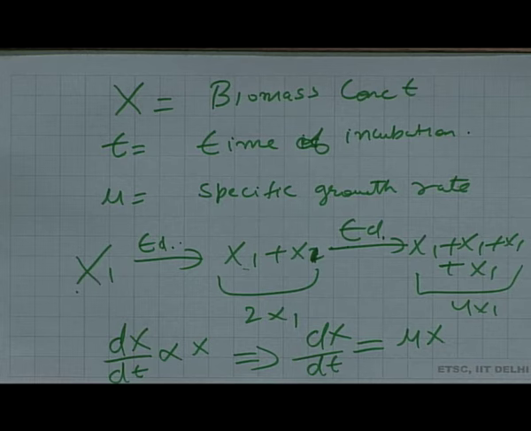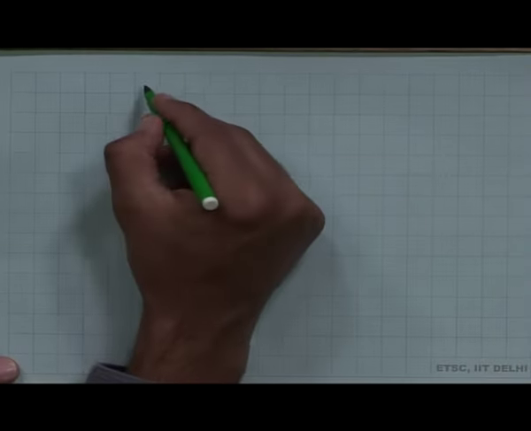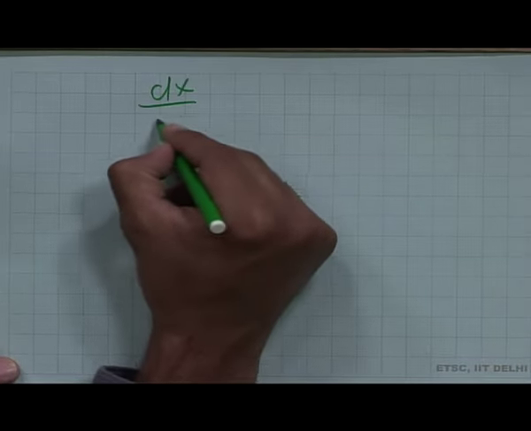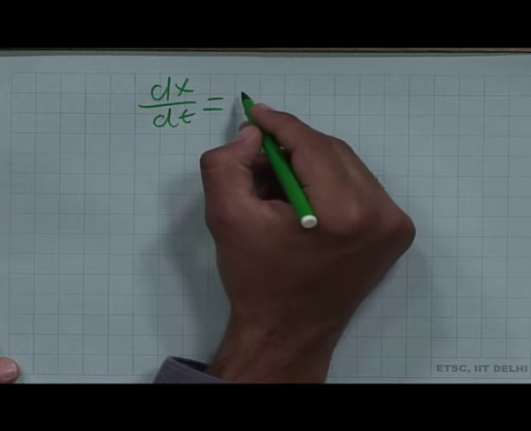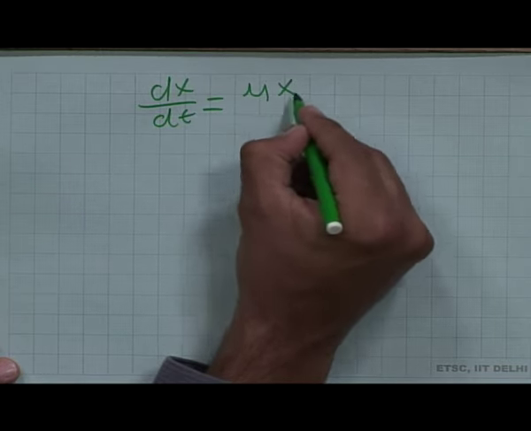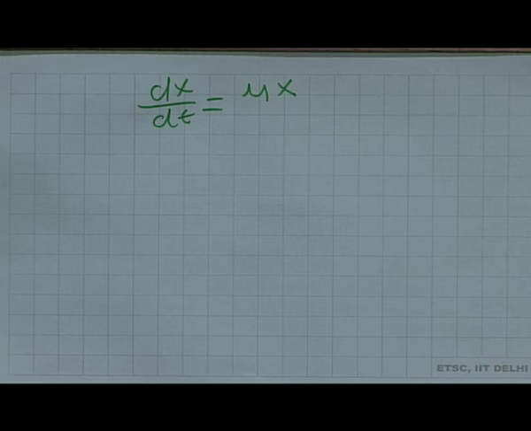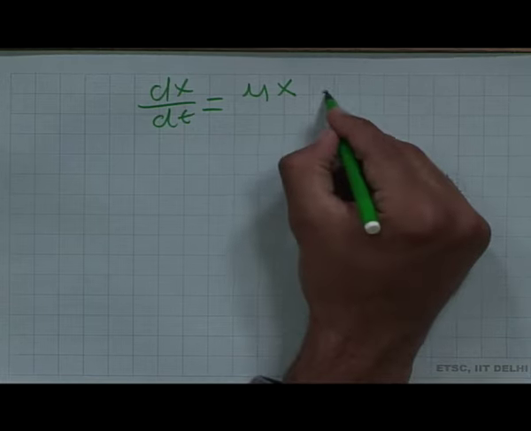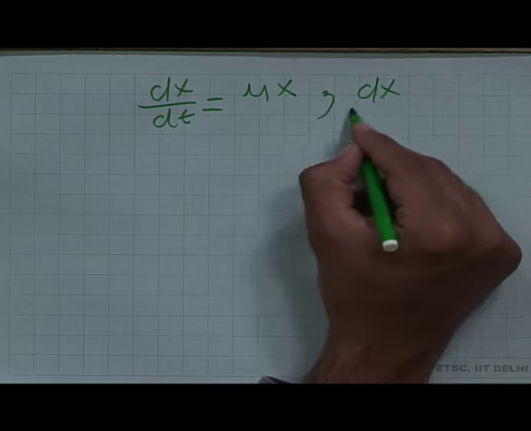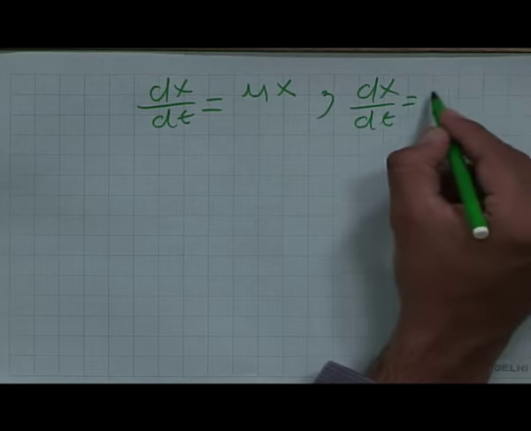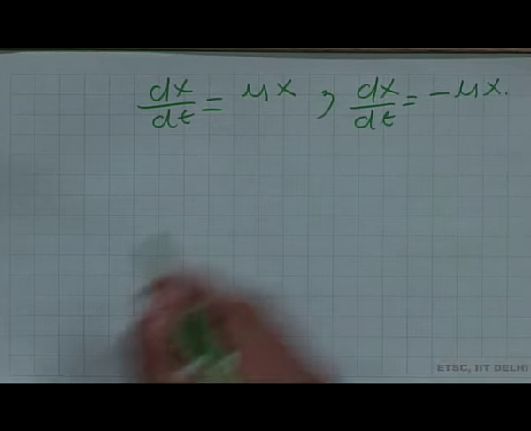Okay. So, if dx by dt is equal to mu x, is this okay, or should it be dx by dt is equal to minus mu x?